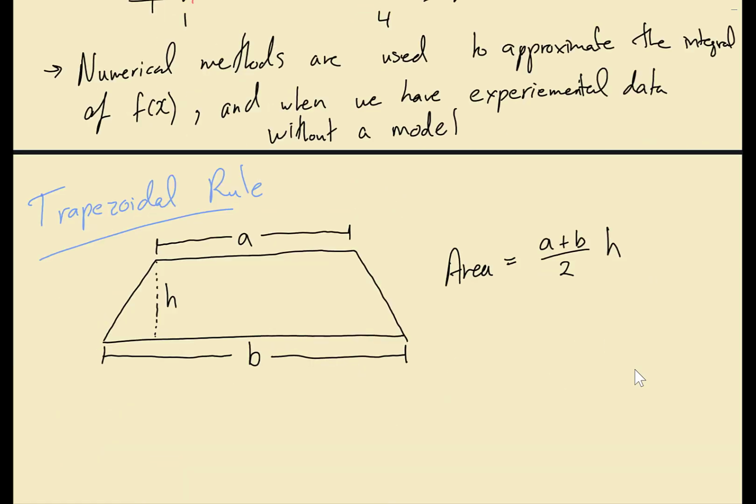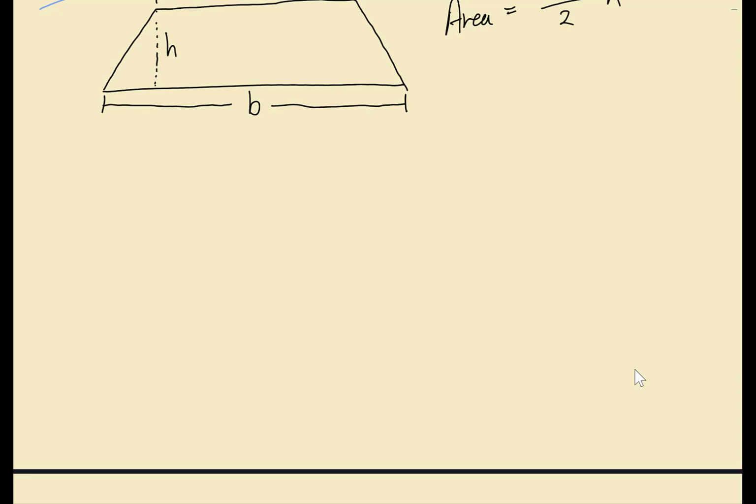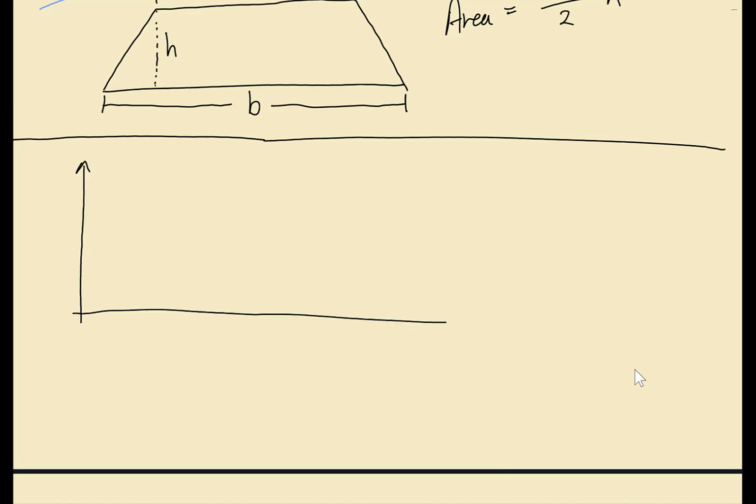So now we're going to look at how to translate this to a graph like this one. As an example, I'll draw a line here. So we have a graph, and we're trying to go from this point here to this point here. And what we're going to do is divide this into different segments.